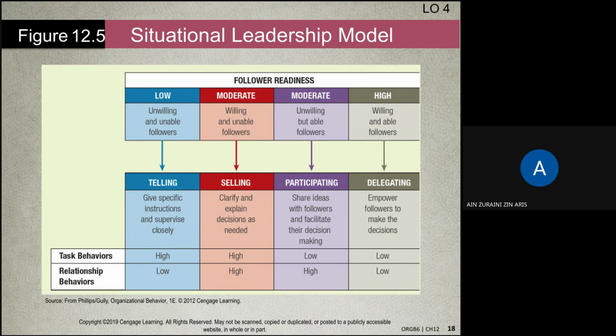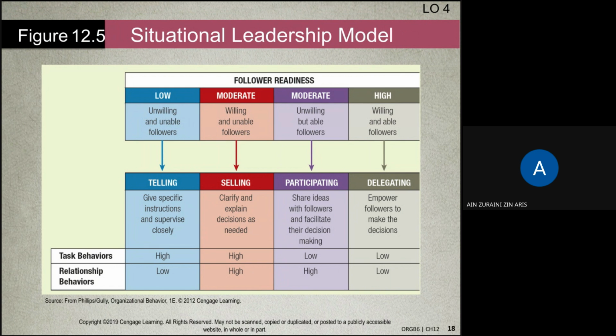So for participating, the leader may help or assist in decision making and encourages collaboration. It is best for followers who are capable but lacking confidence or motivation. For example, an experienced employee that is capable but disengaged. So the leaders can support and help rebuild the morale.